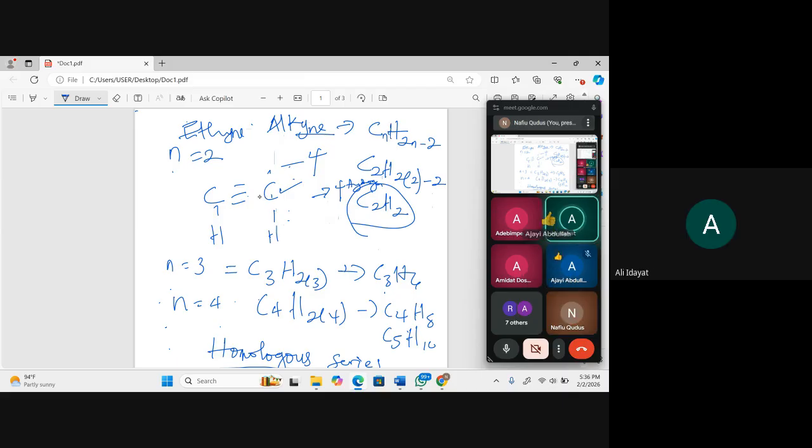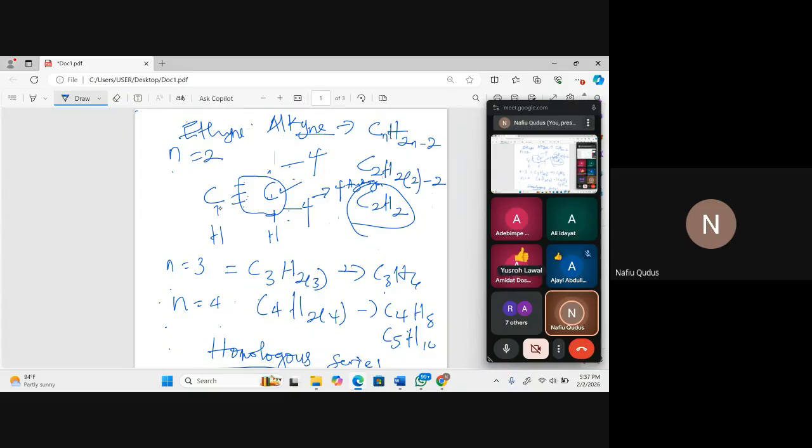This is when you now want to count it. If you draw it like this, that shows that this triple bond is attached to this carbon, and this one bond is also attached to this carbon, making it 4. 1, 2, 3, 4.